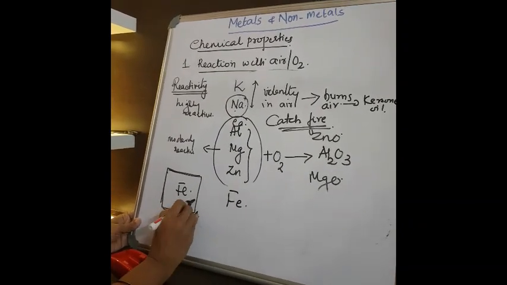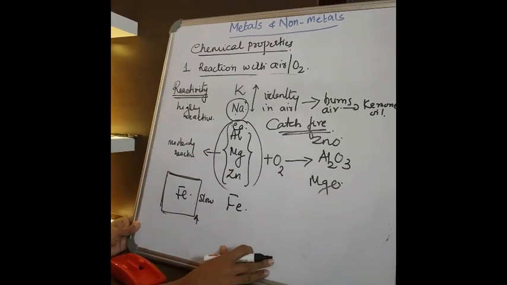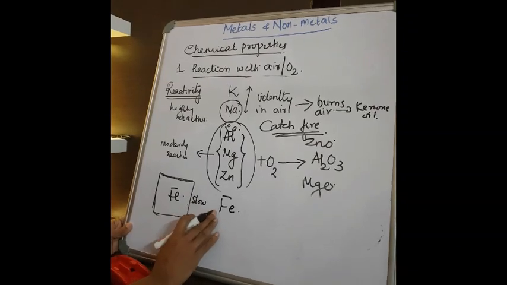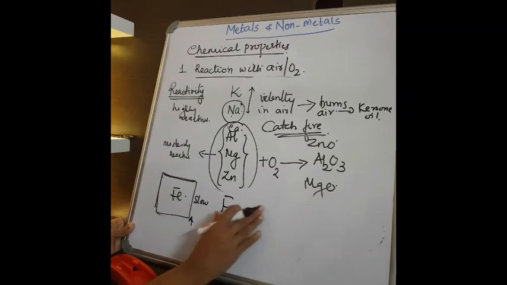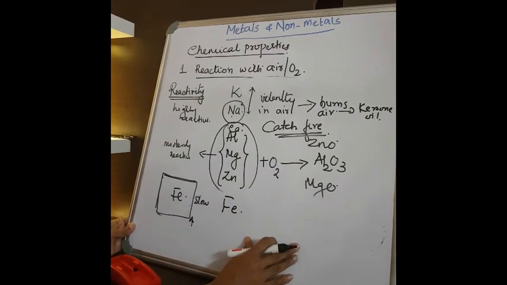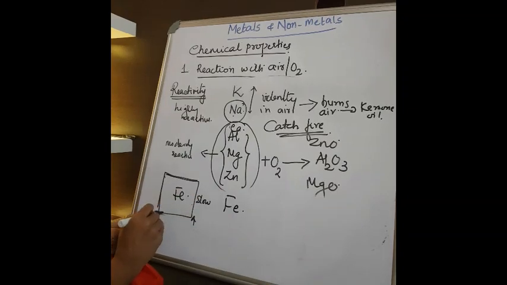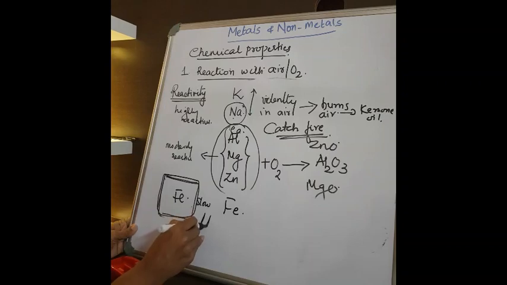Actually, the reaction is very, very slow compared to these metals. Correct? So we can say there is a slow reaction of iron with air or oxygen. Definitely it will form the corresponding oxide, Fe2O3. But if, instead of this iron block, I take iron filings, what do you mean by iron filings?